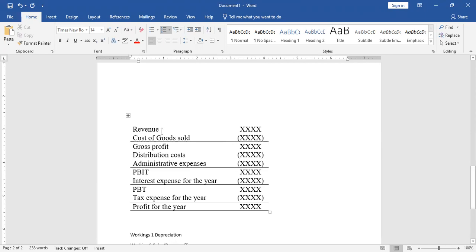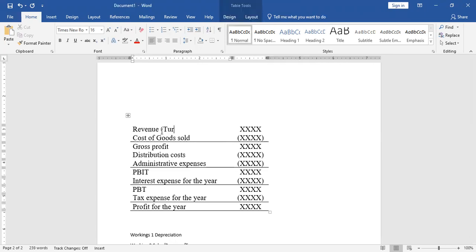Revenue is sometimes known as turnover or simply sales, as the case could be. So whenever you see sales, turnover or revenue, they just mean one and the same thing.